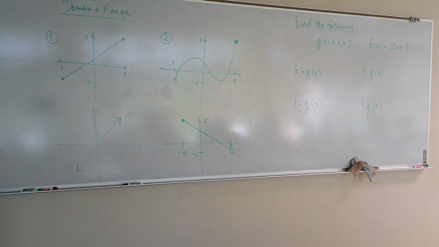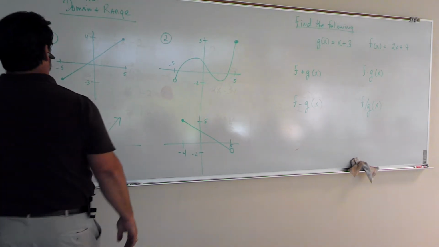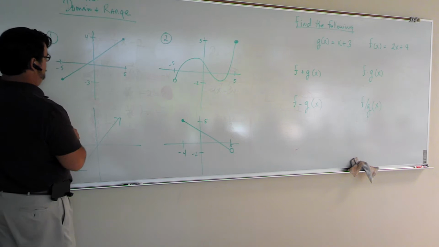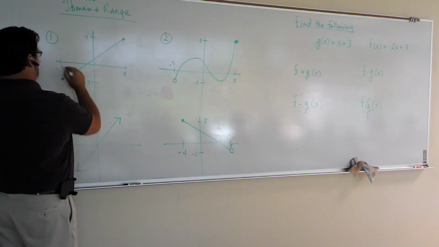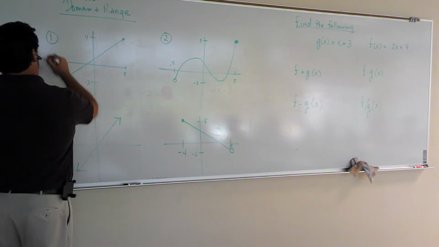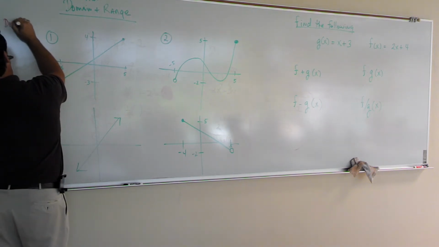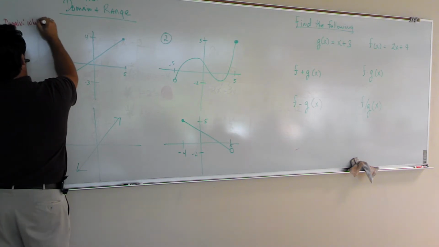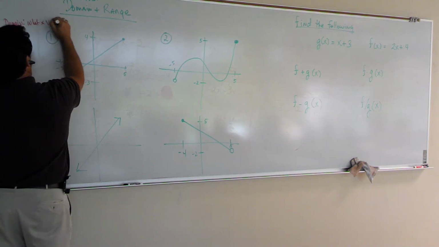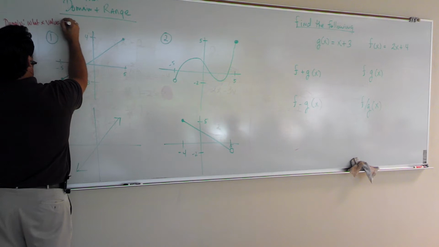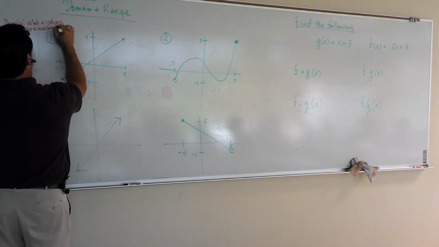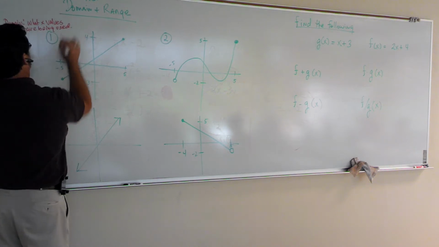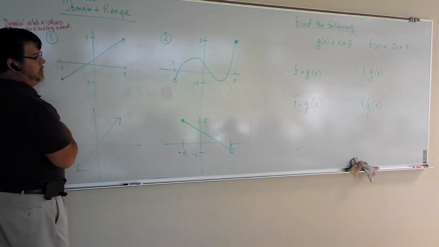Somebody tell me, what is the domain with this function here? -5 and 5. Yes. What x values, and that's what domain is. Domain is what x values are being used. Good. What x values are being used here?